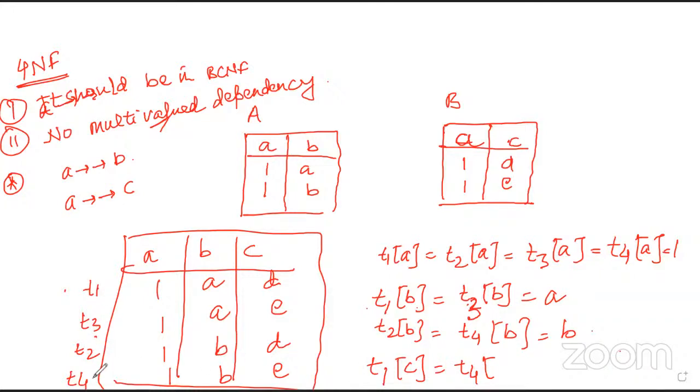T1 and T2 should be same, right? Am I making a mistake? What is the final condition? T1 and T4 should be same.